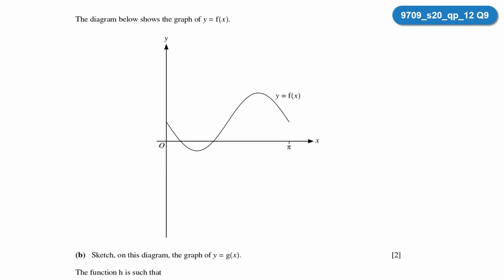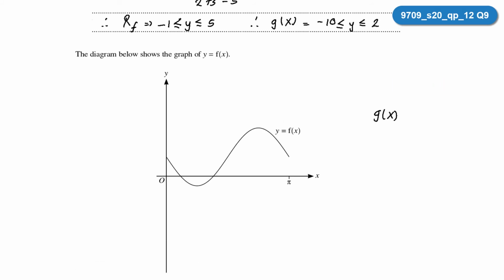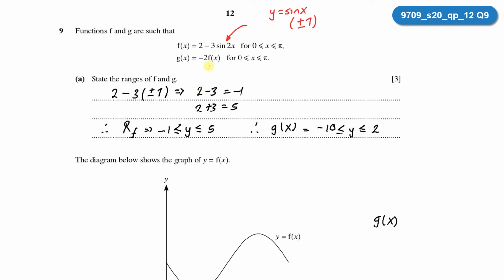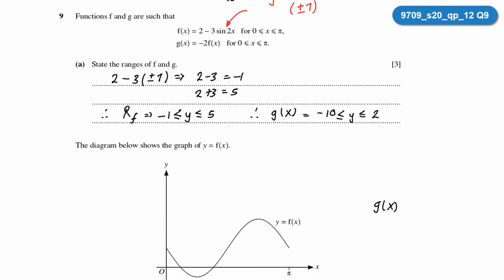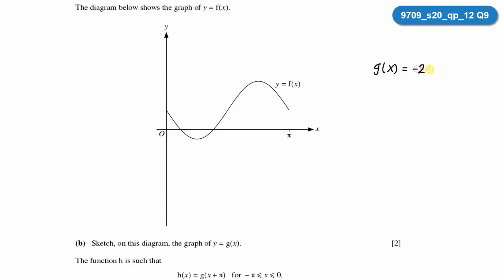So the diagram shows the graph of y is equal to f of x. So on part B, it says, sketch on this diagram the graph of y is equal to g of x. Now we know that the function g of x, according to what we've been given, is minus 2 of f of x. And we have the graph of f of x right here.